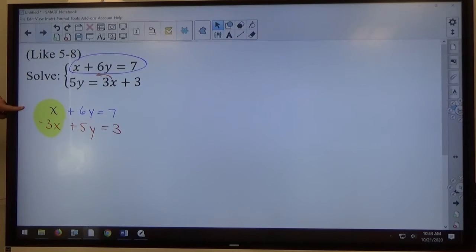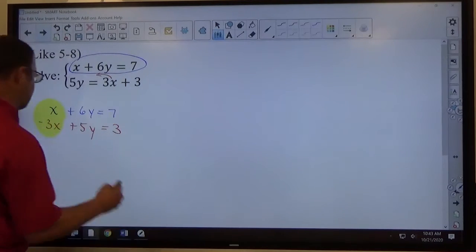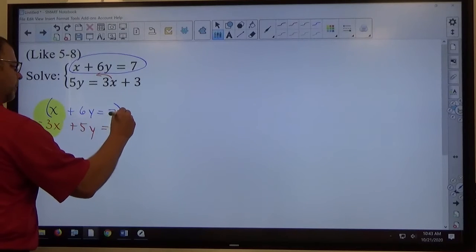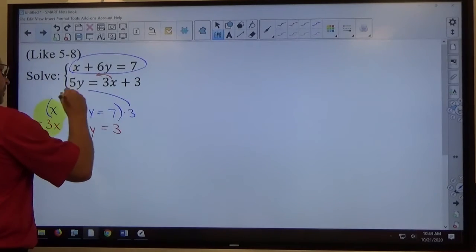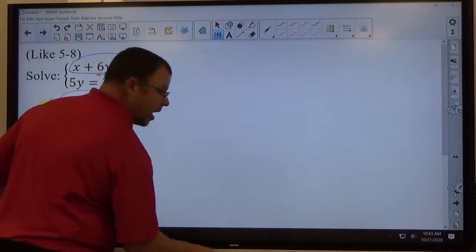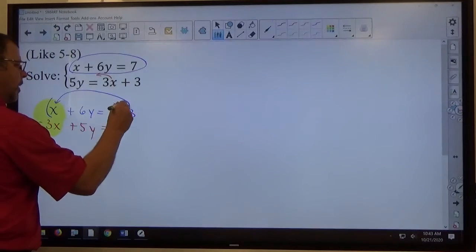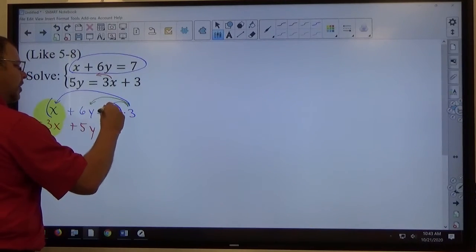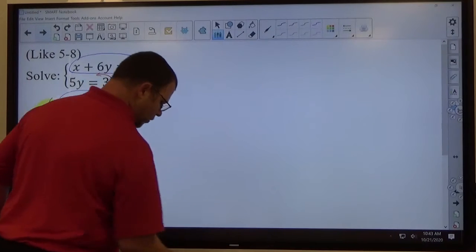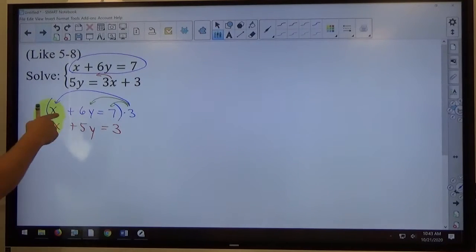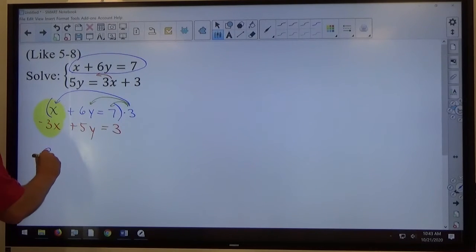The top equation being multiplied by 3 makes 3x, which is opposite of negative 3x, so that's the magic number. So I'm going to multiply the top equation by 3 to get the 3x I want. And the consequence of my action is I'm going to multiply 3 times 6 and 3 times 7. So the top equation gets modified into 3 times x, which is 3x.